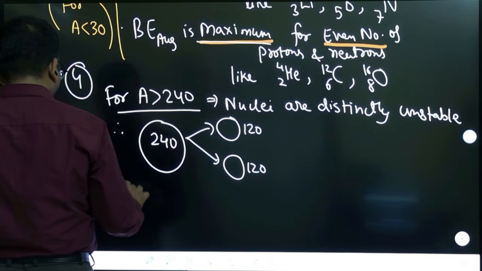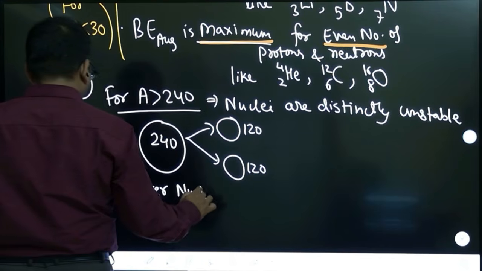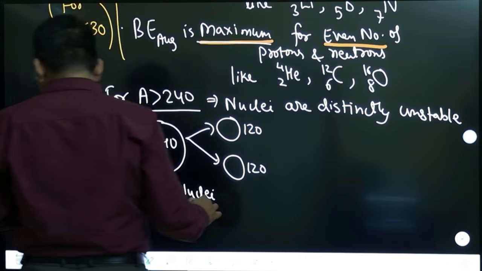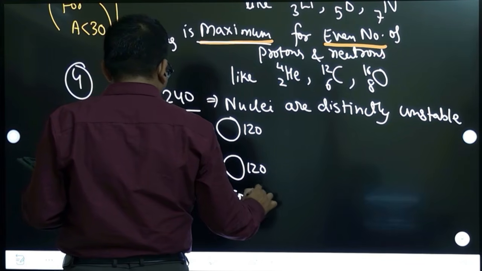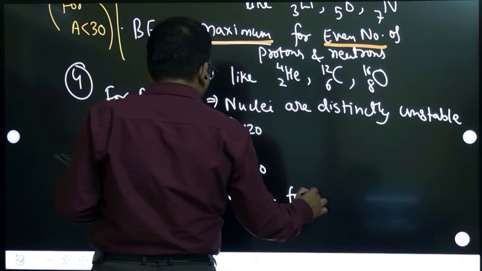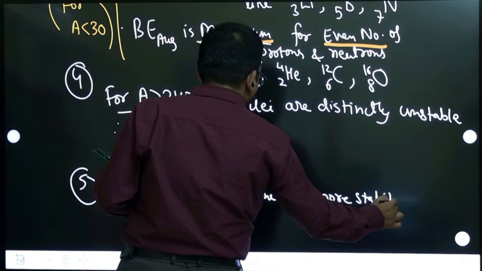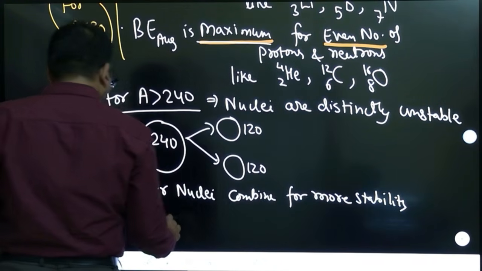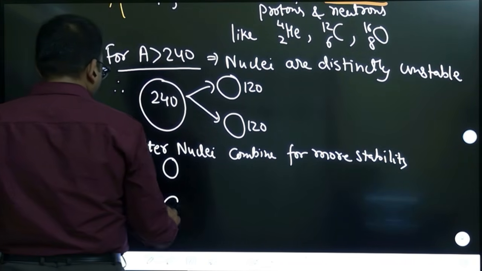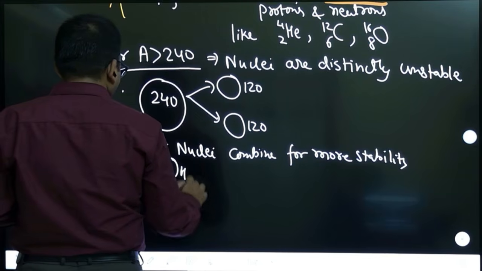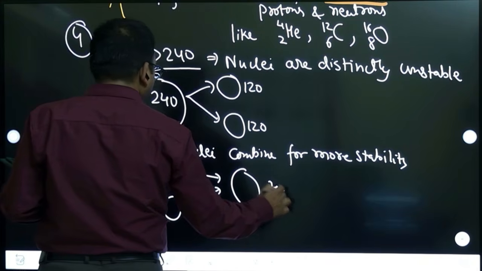Similarly, point number 5, we can add that lighter nuclei combine for more stability. For example, hydrogen can combine to form helium.